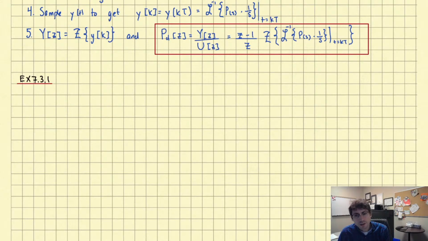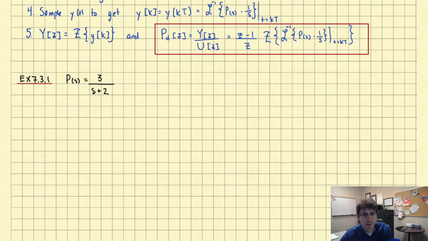So let's return to an example we did last class. Last class, we did the state space approach to discretizing a first order system. So now let's do the transform approach and see that we get the same answer. And so the plant, the continuous time plant, is this, okay?